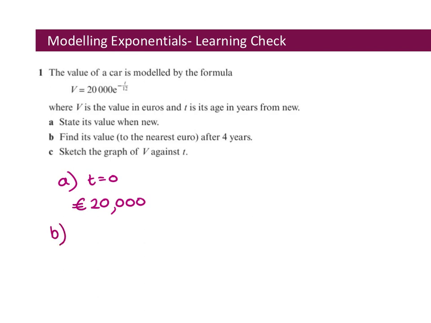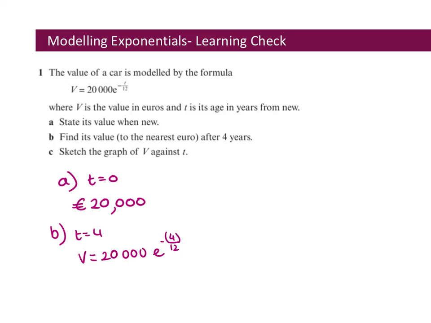Part B. Find its value to the nearest euro after 4 years. Well, what's happened here? Our time is now 4, so I always write down what's going on. So t equals 4, and we're going to have v equals 20,000 e to the power of minus 4 over 12.